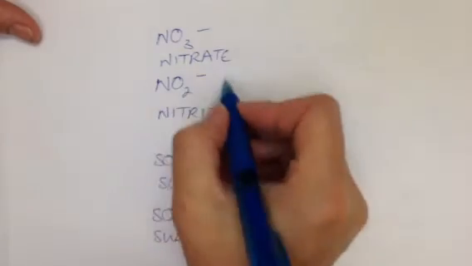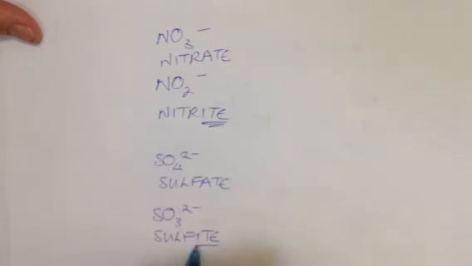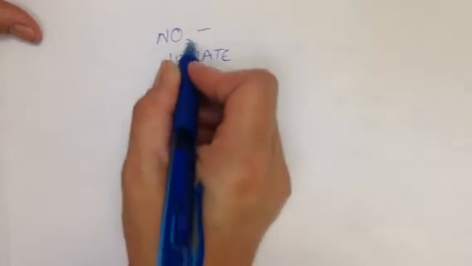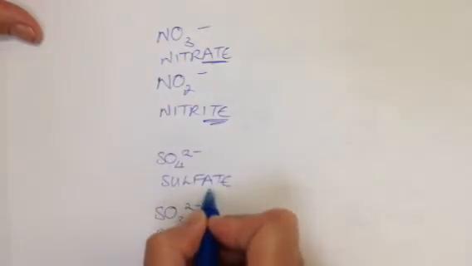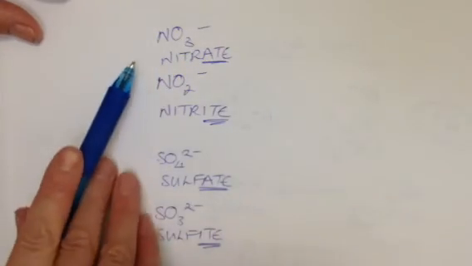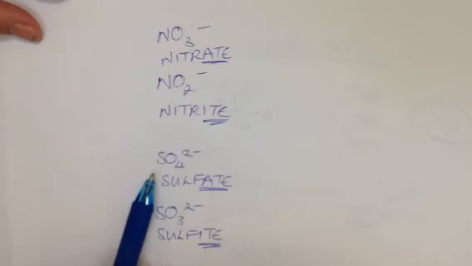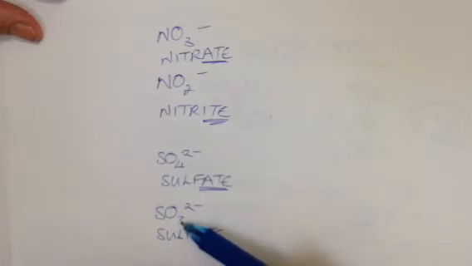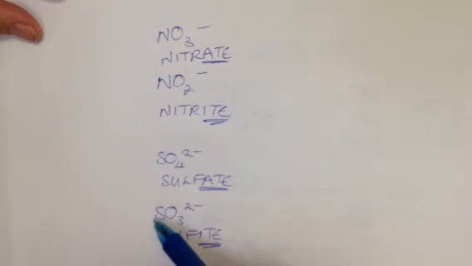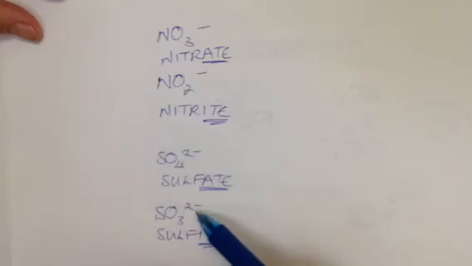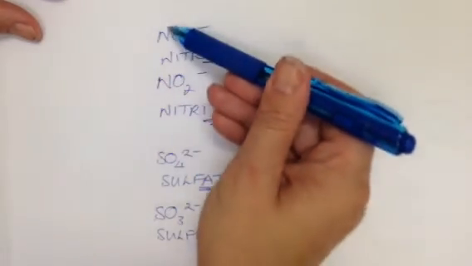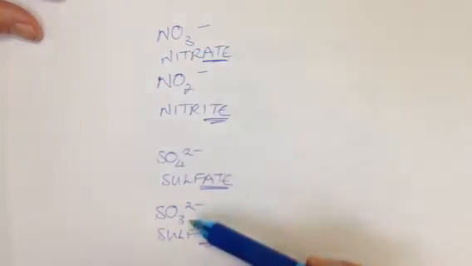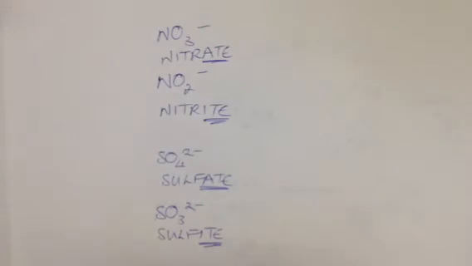So hopefully you see this trend. Ions that end in ite have 1 oxygen less than ions that end in ate. So if you memorize the ions that end in ate, you can work out the names and formulas of the ions that end in ite simply by changing the number of oxygens. Now the other nonmetal stays the same, the charge stays the same. The only thing that changes is the number of oxygens. Okay, and the ite ions have 1 oxygen less than the ate ions.